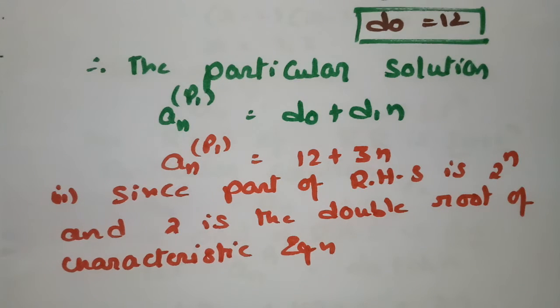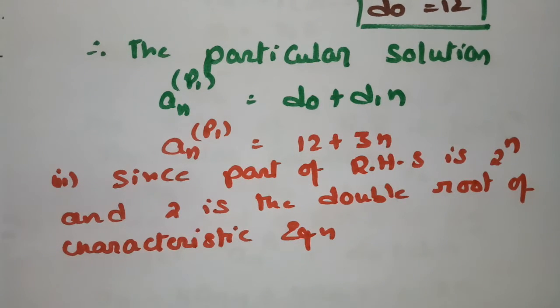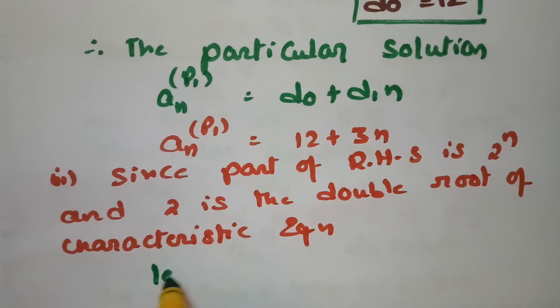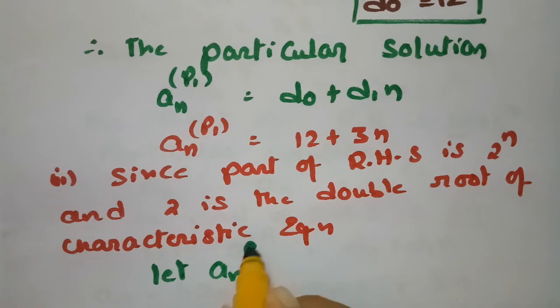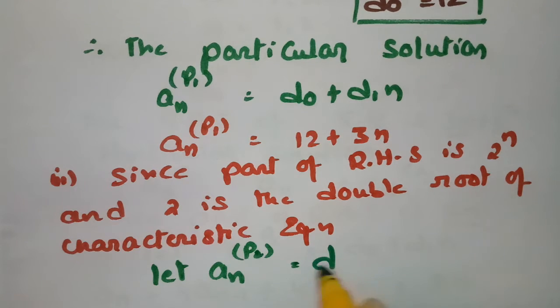So let us assume the particular solution, that is a_n. The second particular solution is, see here, this is d n square into 2 power n.